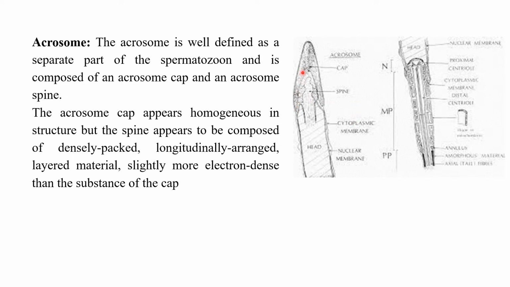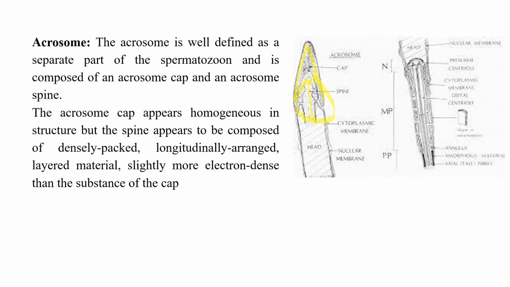So this structure, which is almost looking like a cap, is the cap of the spermatozoa of the cock, and this elongated structure you can see is called an acrosomal spine.